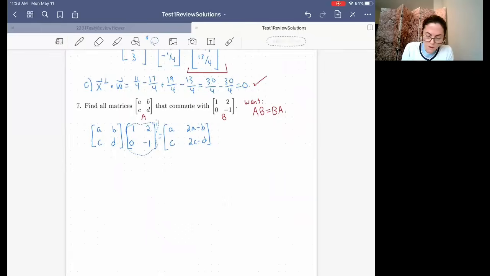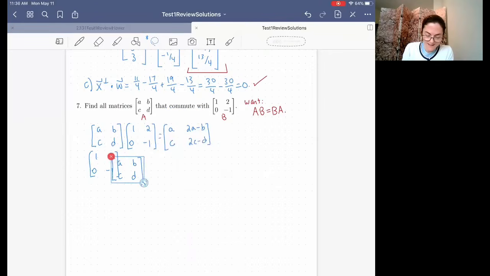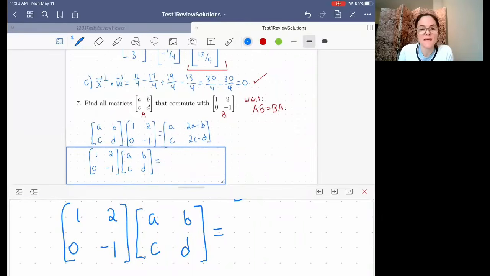Let's take this one, put it here. Oh, great. And then take this one, copy, put it here. Equals. Now let's do the matrix multiplication in this direction, and then I will set the two results equal. So in this direction, I get A plus 2C.